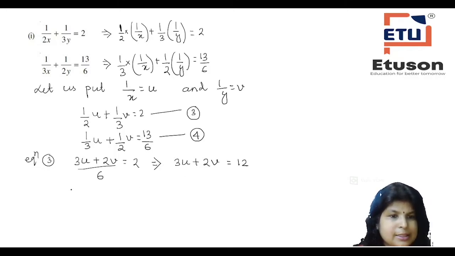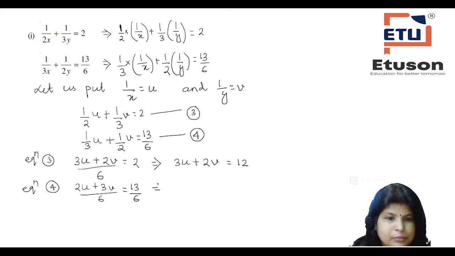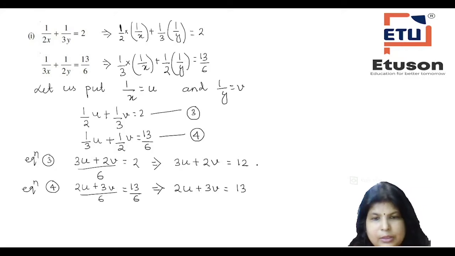Correct or not? Similarly, the fourth equation, we will bring it to a simpler form. So I'll just write down 2u plus 3v divided by 6 is equal to 13 divided by 6. So when it is brought to simpler form, it will become 2u plus 3v is equal to 13. Correct or not? Right. So this is the form of equations.